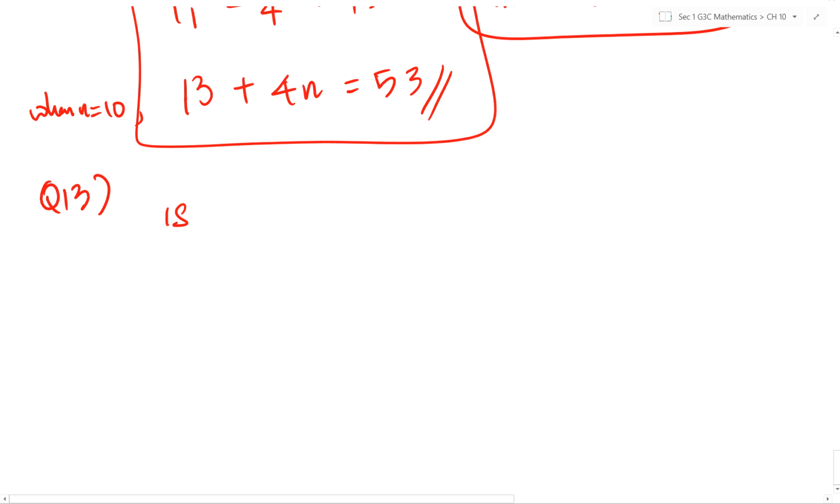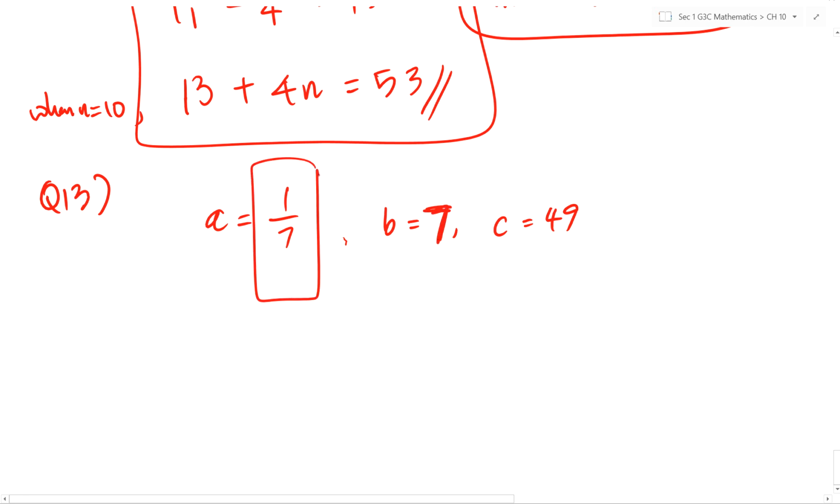What is our value for A? 1 over 7? Okay. So B is 7, C equals 49, right? Is 1 over 7 part of the sequence? Yes, obviously it is the first. It is A, right?